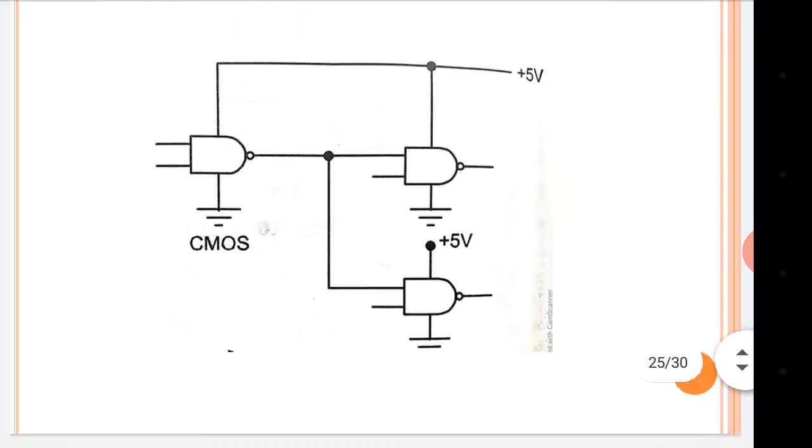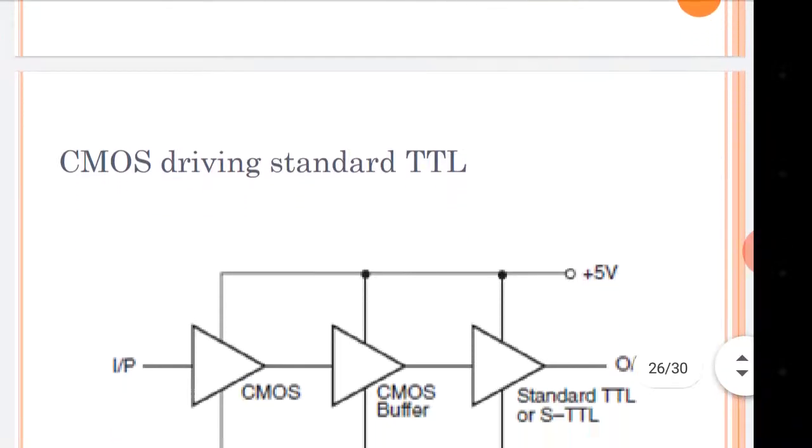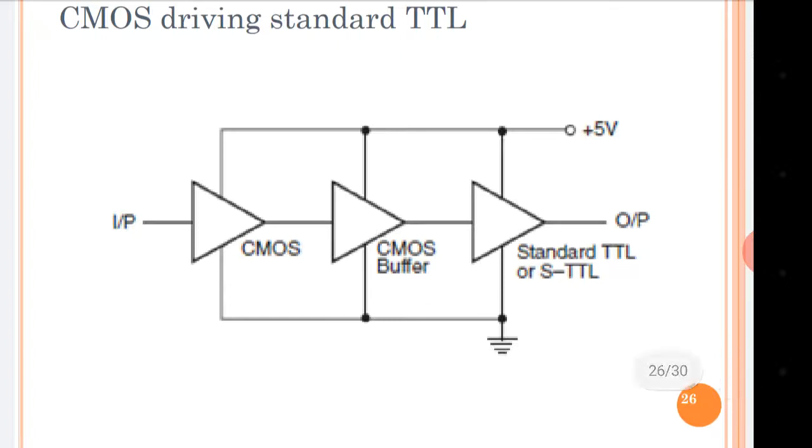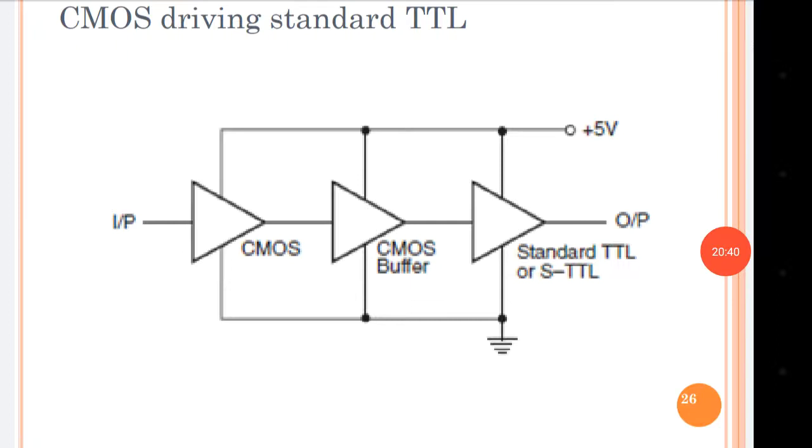But if we see the values properly, we find that in the previous table IIL is minus 1.6 milliampere, which is too much current for the CMOS to sink.